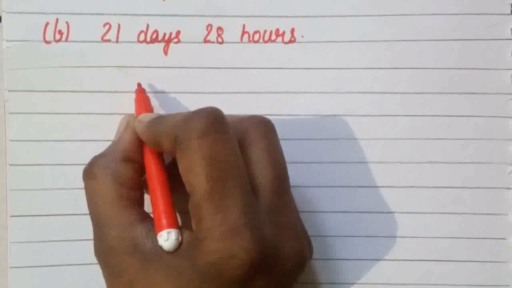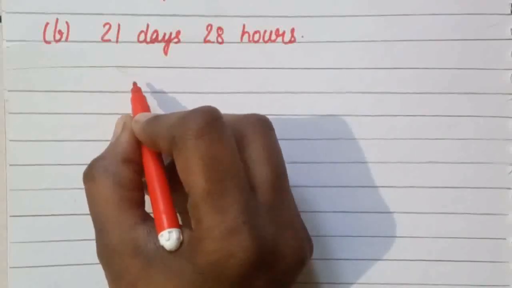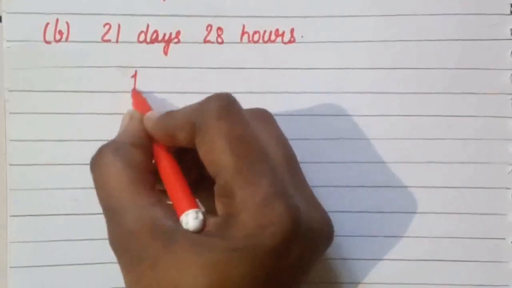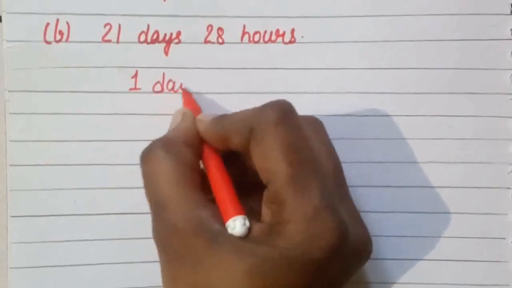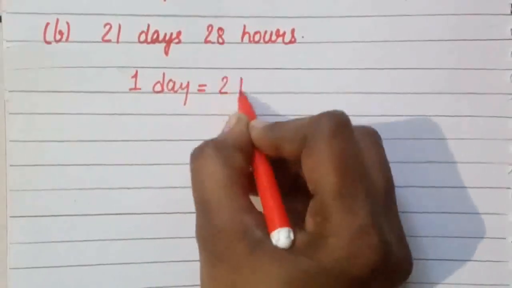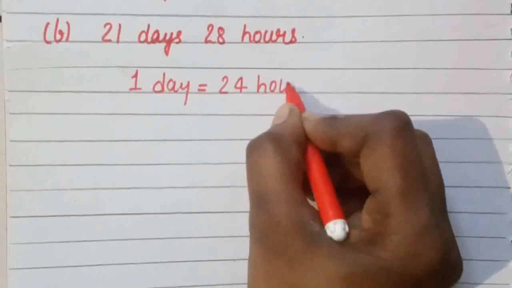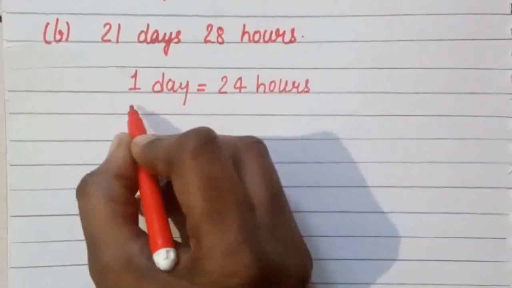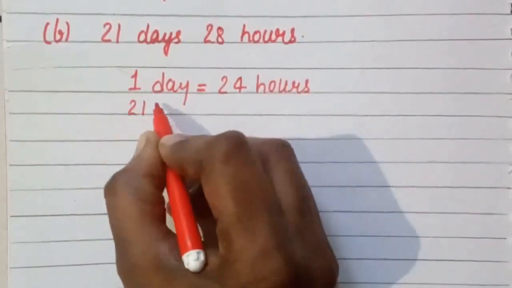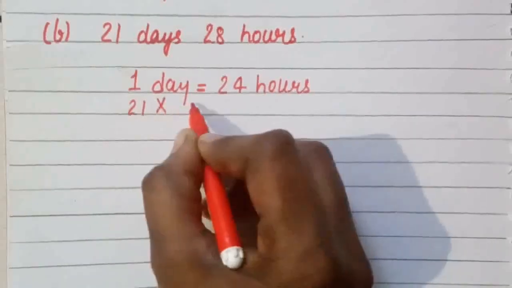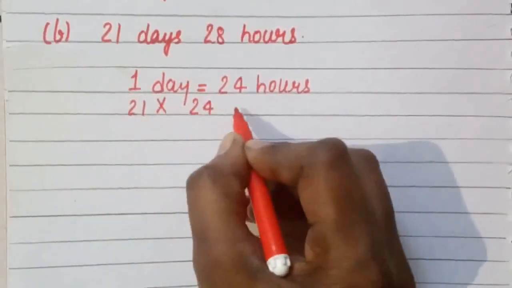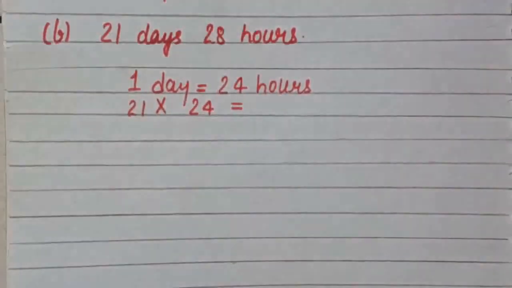21 days first of all need to be converted. As we all know, 1 day is equal to 24 hours. That's why 21 days is equal to 21 multiplied by 24. Now let us find the answer.